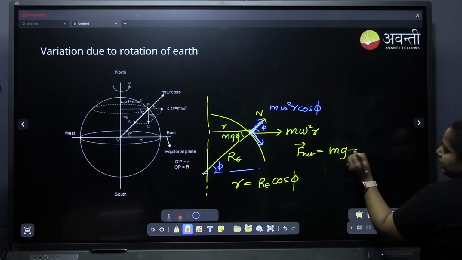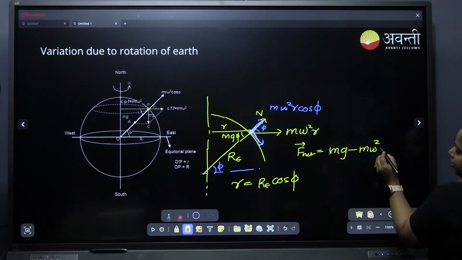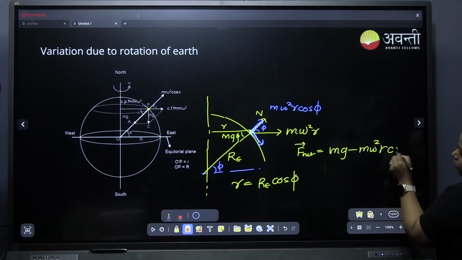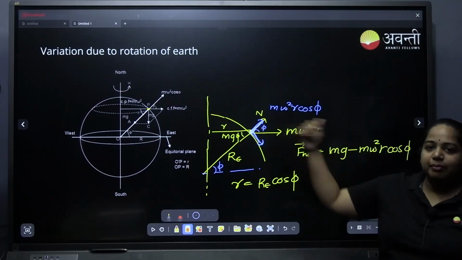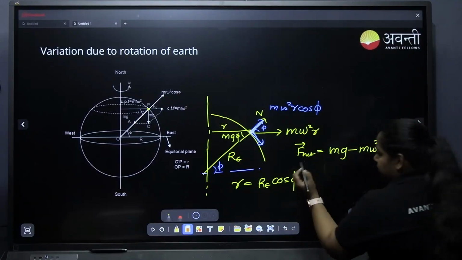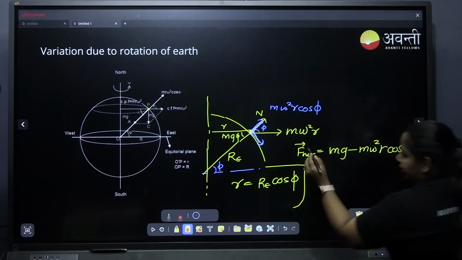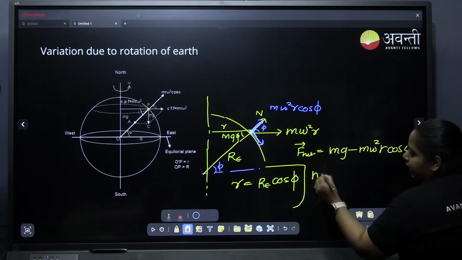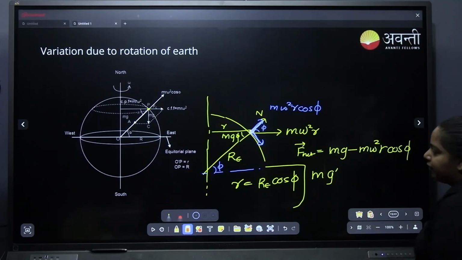mg minus m omega square r cos phi. This will be the net force. So N will be equal to this. So if I am calculating, F net will be equal to m into the new value of g, the acceleration due to gravity.